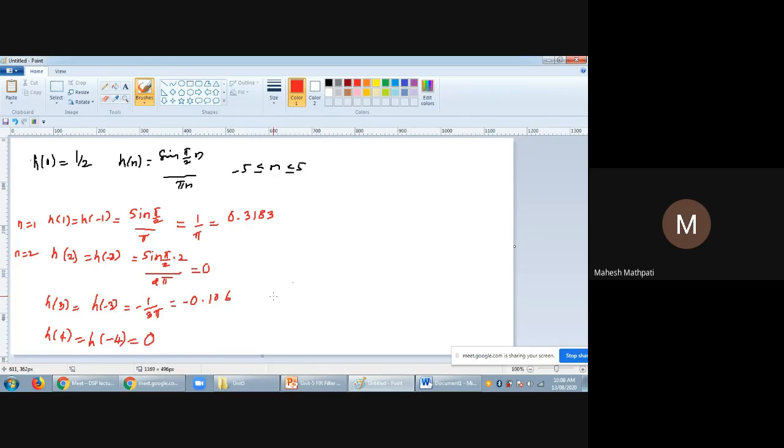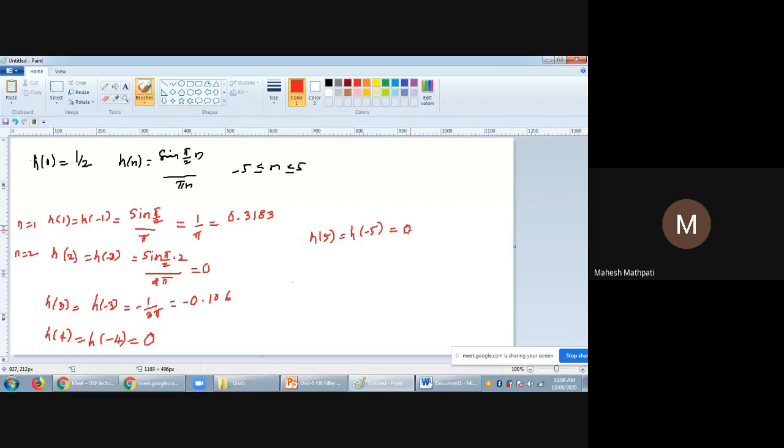And what about the next one? If I take h of 5 equals h of minus 5, the value is sine 5 pi by 2 divided by 5 pi, which is 0.063.